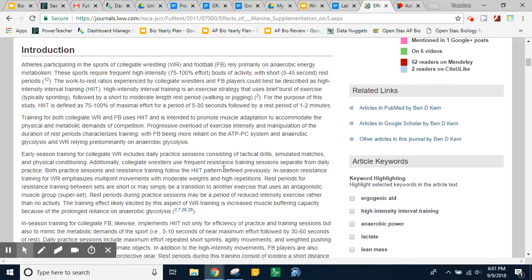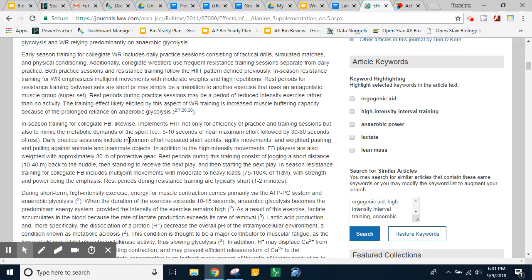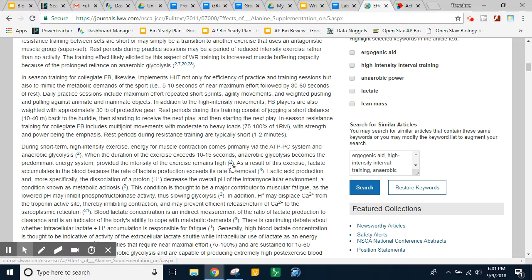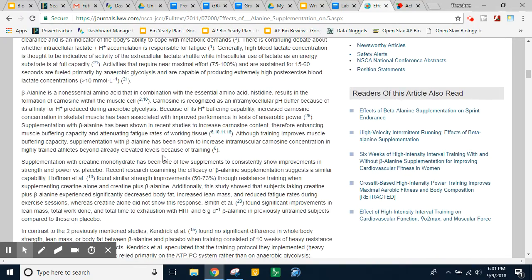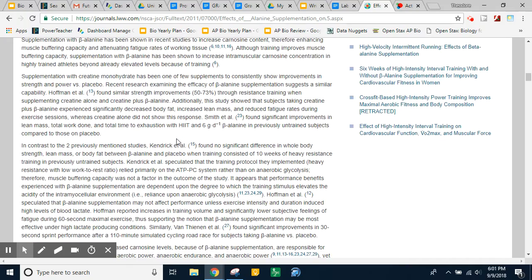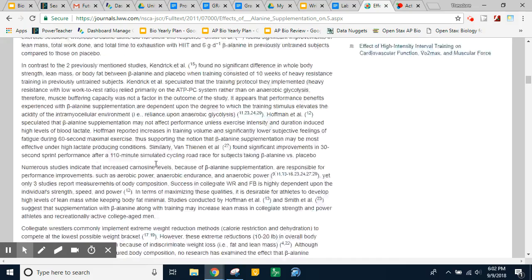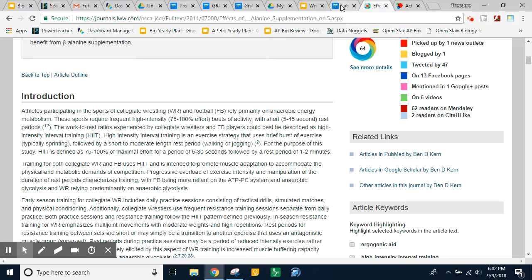As we scan through this introduction, it has all of these citations, because all of these footnotes or endnotes link to research done by other people that these scientists have already read to try to find out what they might do to increase the knowledge in this area. So the introduction is a literature review of what's already known about beta-alanine or high-intensity training.